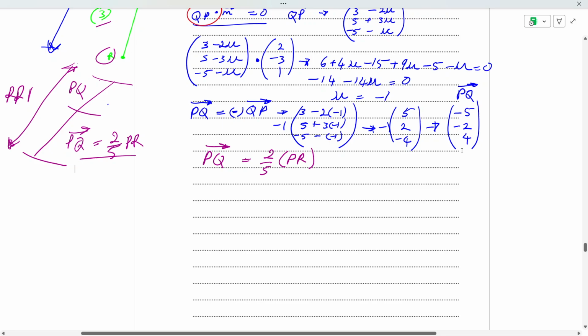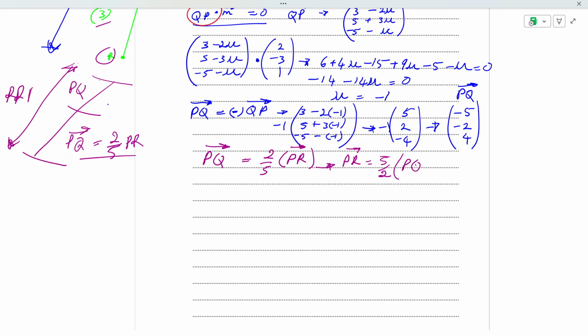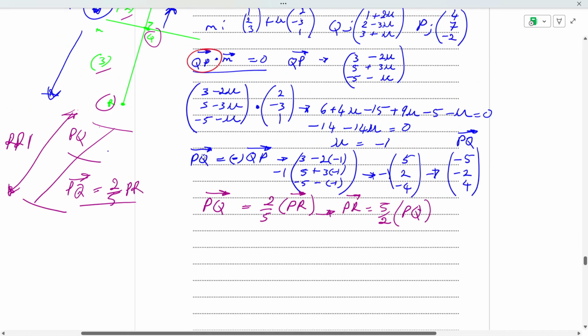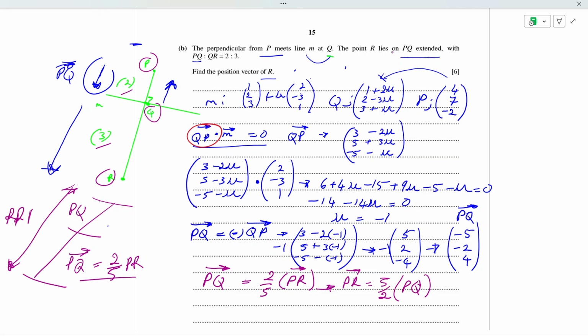All right. So PR, with the direction vector for PR, is equal to 5/2 multiplied by PQ. To find the direction for PR, the whole line, we want the whole line because it says point R lies on PQ extended.